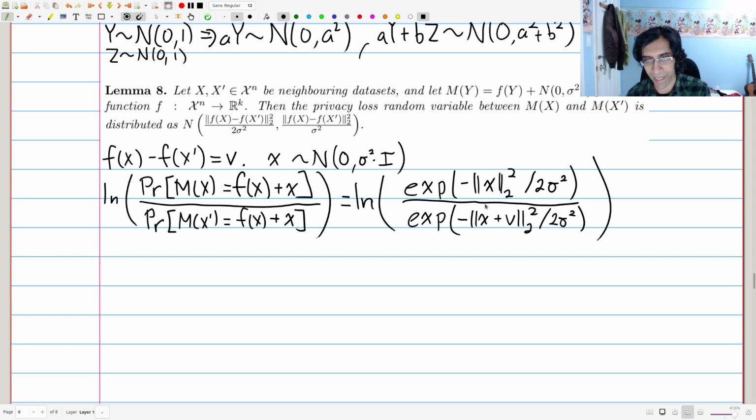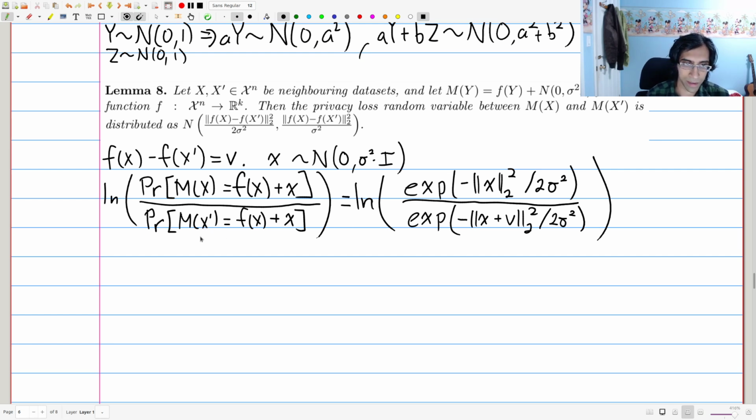This is just looking back at the density of the Gaussian in the multivariate setting. This is going to be distributed as a Gaussian with mean f of x. So the probability of seeing something which is f of x plus the noise vector x is going to depend on the value of this realization minus the mean. That's why we subtracted out this f of x. That's how far it is from the mean of the distribution, and the PDF is there.